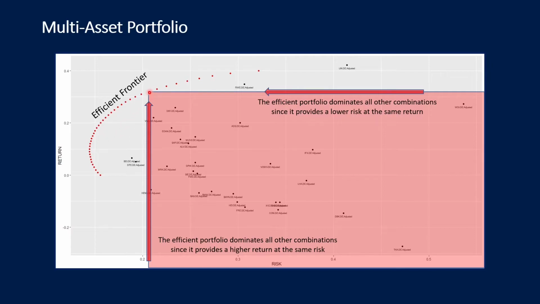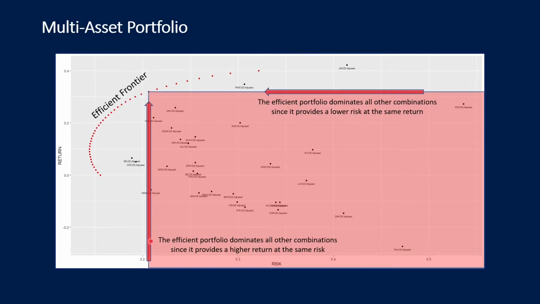So everything that is in this red-shaped area here, let's take a look at this efficient portfolio here. Everything in this red-shaped area is dominated by this portfolio. Let's go along this line here. Every combination or every stock on this line is dominated because the efficient portfolio has the same return but a lower risk.